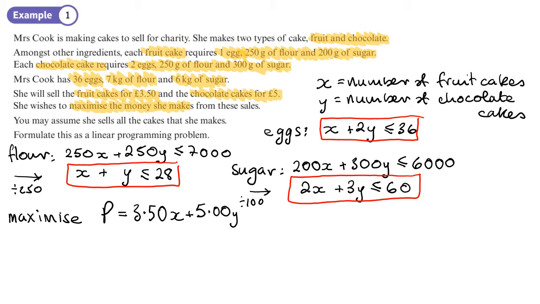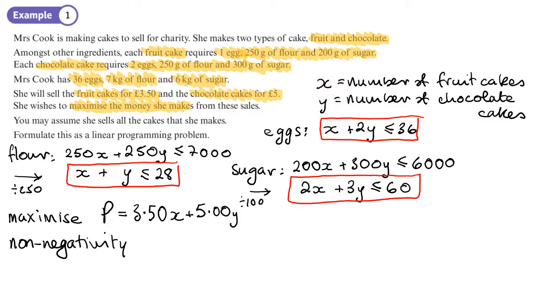Now with any linear programming question, we always need to consider non-negativity. In other words, we need to specify whether any of the variables that we've defined here can be negative. And in all of the questions, they're not going to be.